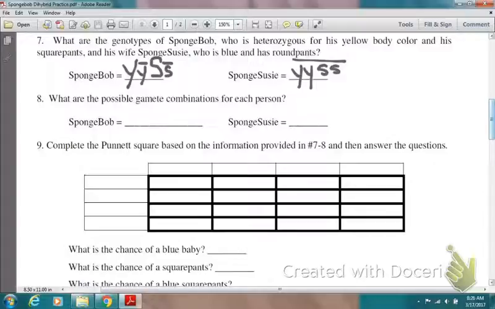Okay, now it's asking what are the possible gamete combinations for each person. Basically what you do is you take this first letter and say the first letter could be paired with the first letter here, so it could be a big Y, big S. Or it could be paired with the second letter, a big Y, little s.